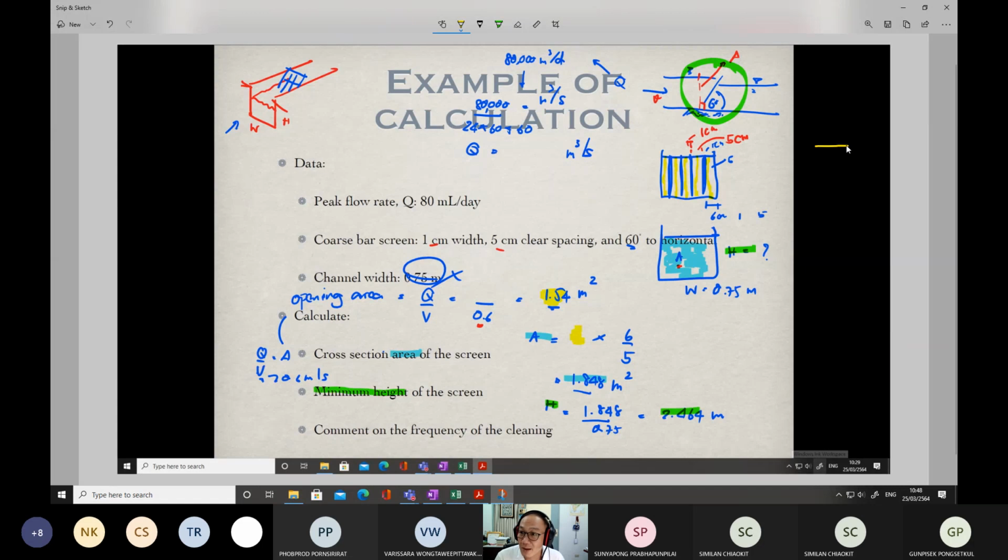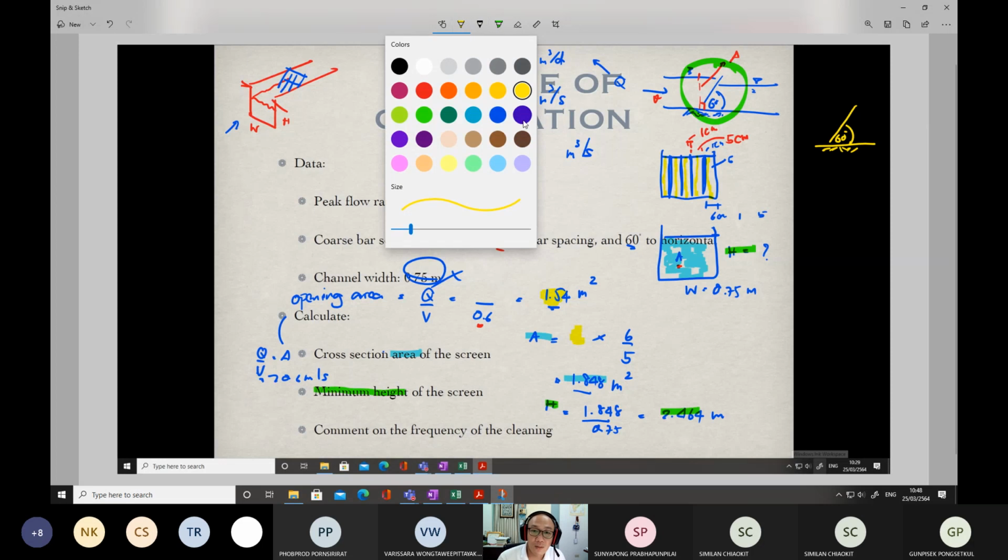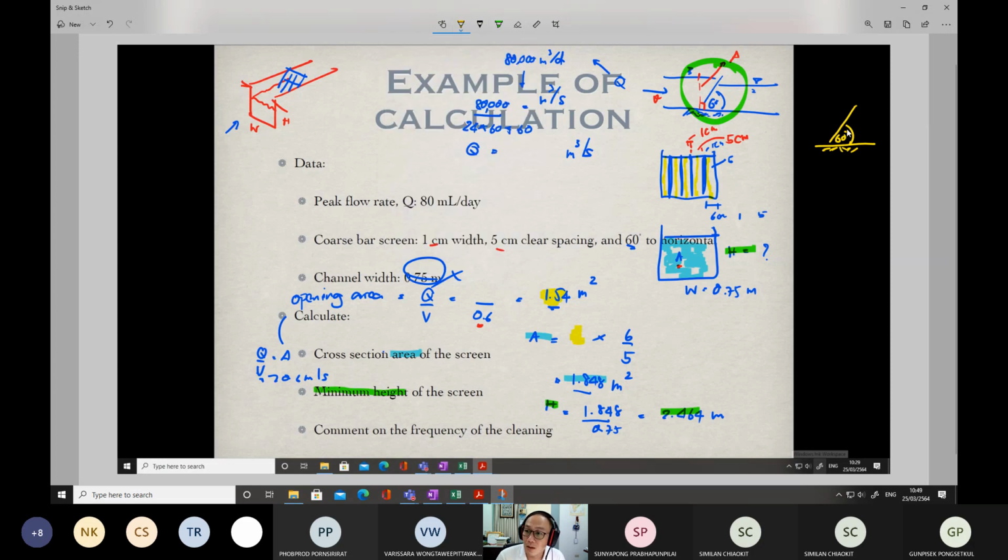But in fact, our screen is at 60 degrees to the horizontal. But the area that we determine is just a perpendicular area. So if this is the water level, this is the height, 2.464 meters.